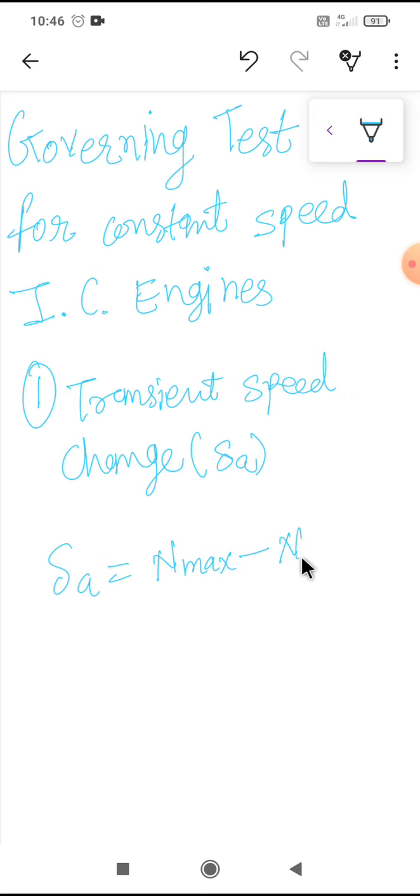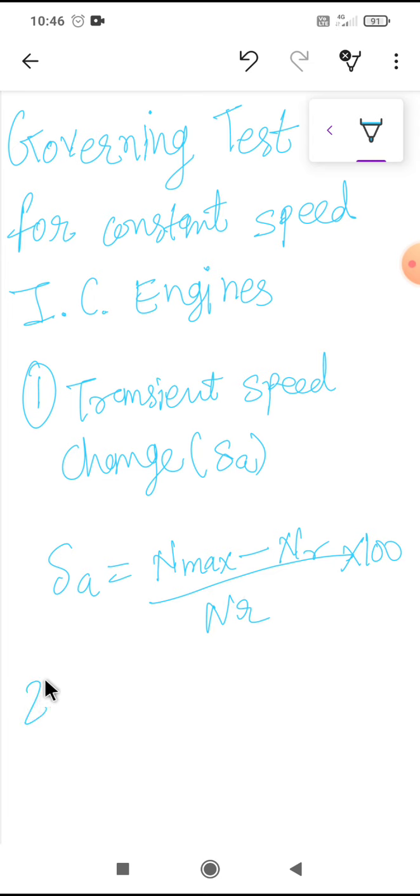So nmax is the transient speed resulting after load change in RPM, and NR is the rated speed of the engine as declared by the manufacturer, in RPM, divided by NR into 100, so we get it in percentage. So this is expressed as a percentage of the rated speed. This is transient speed change.